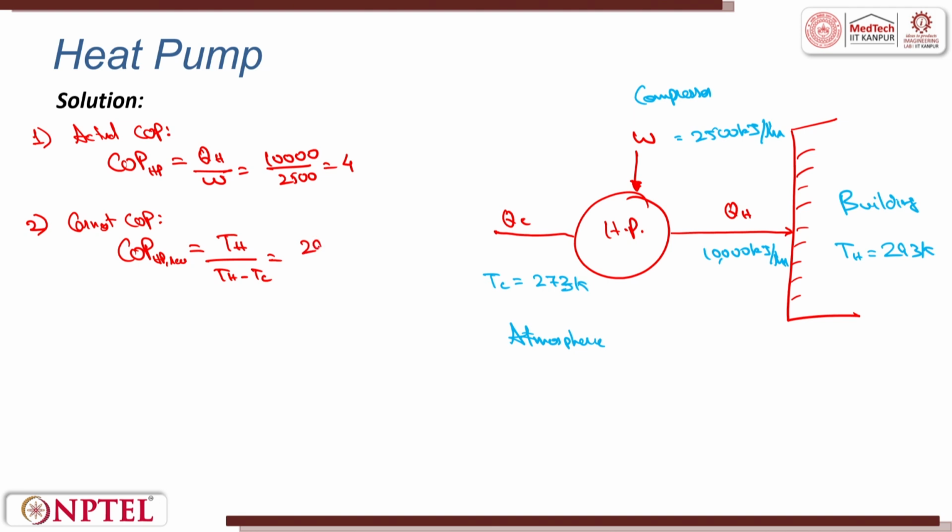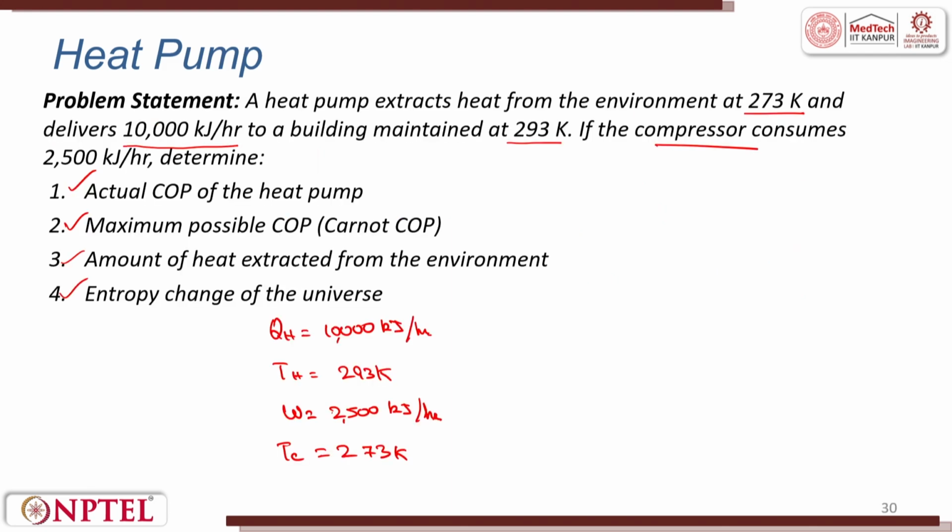This is equal to 293 by 293 minus 273. This is equal to 14.65.